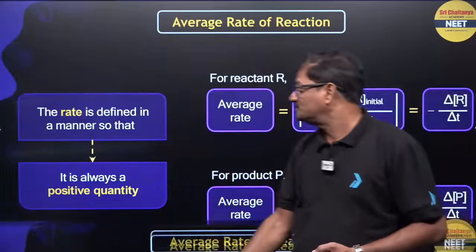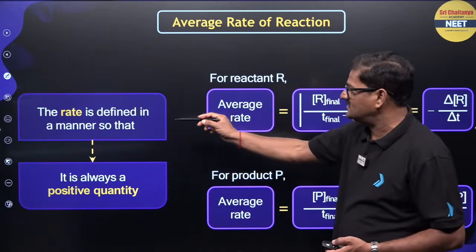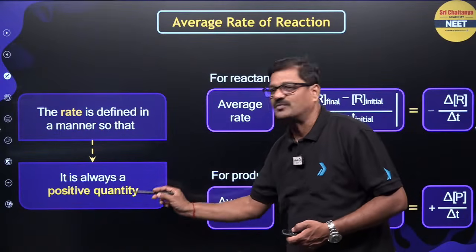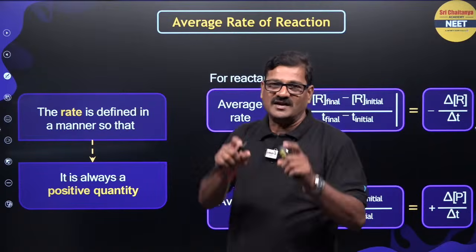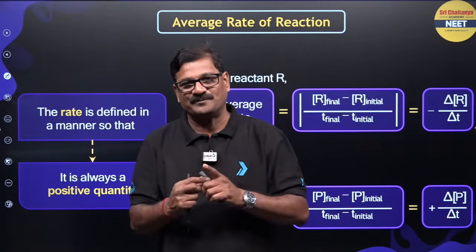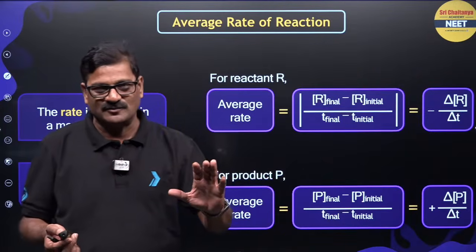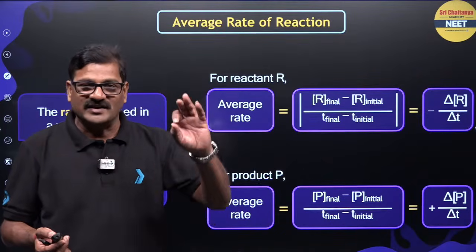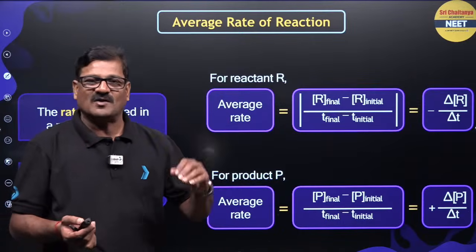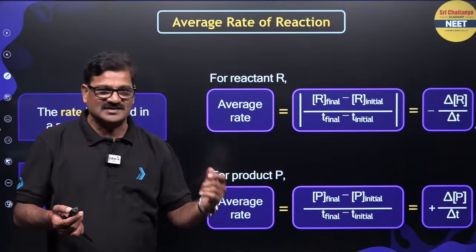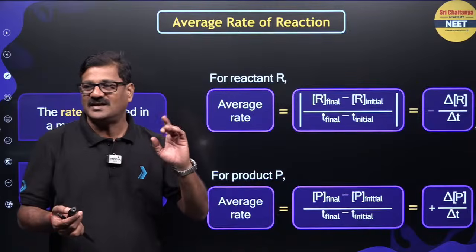And you can see here, the rate is defined as a measure, so that is always positive. That's why rate is taken as a magnitude. But in terms of reactant, the rate is shown with a negative. It indicates that in the reaction the concentration of the reactant is decreased. It doesn't mean that the rate is negative.